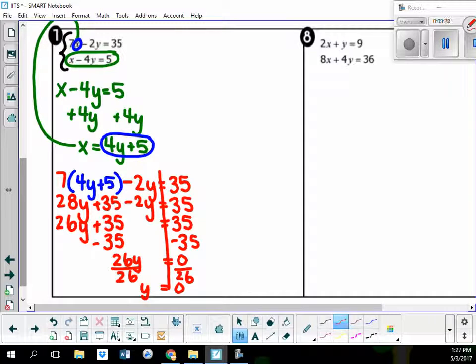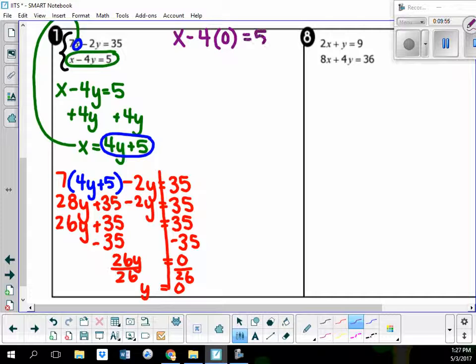In order to find x, I can plug it in for either equation. I think I would like to plug it in the second equation, because that looks like less work for me. So I want to solve for x. I have x minus 4 times 0 is equal to 5.